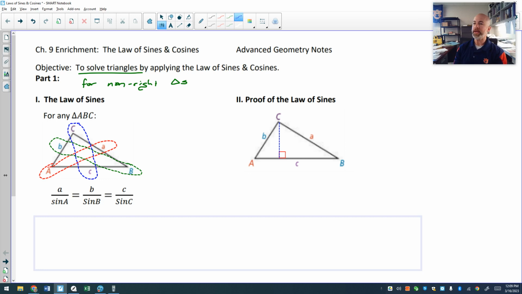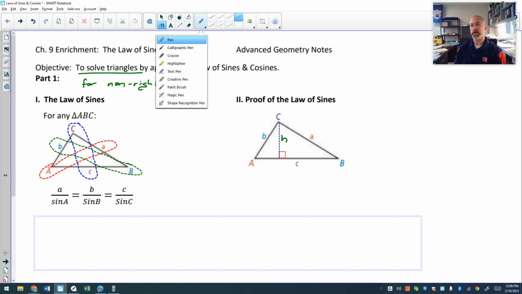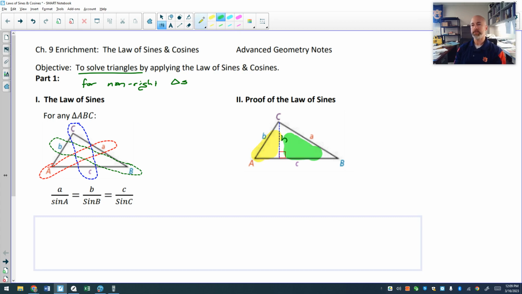A very quick explanation for why the law of sines works, because this is a fairly nice explanation. We have a triangle here, the same one that was over here, and I have dropped an altitude from vertex C to the opposite side AB, and we will call that h because it is the height of the triangle. If we look at the two right triangles I just created, we have right triangle yellow on the left, and right triangle green on the right.